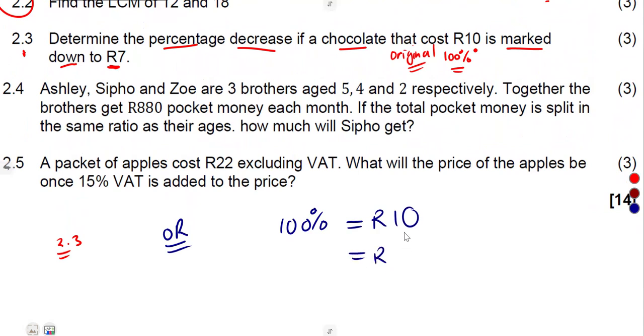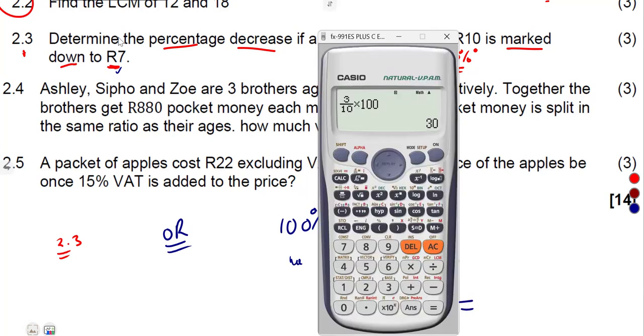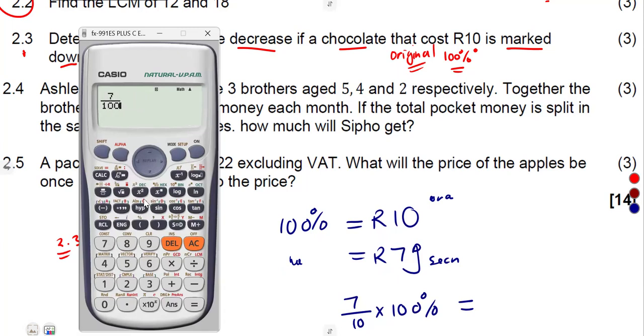It is now marked down to 7; 10 is what we started with as our original, and 7 is our second price. So what is that equivalent? It's going to be less again. So 7 over 10 times 100. So this is 70%.